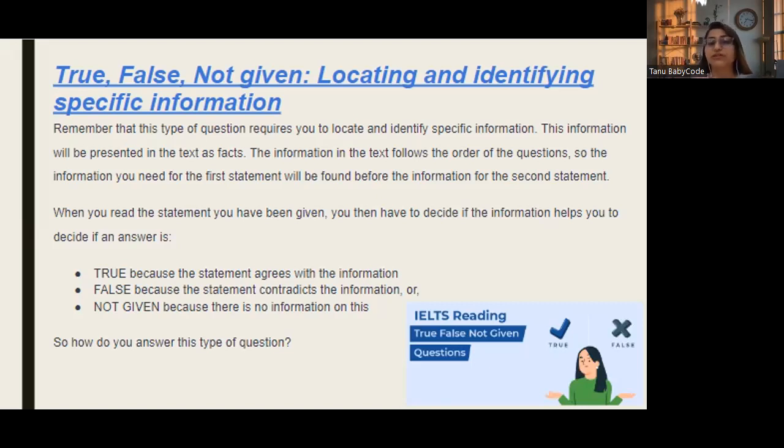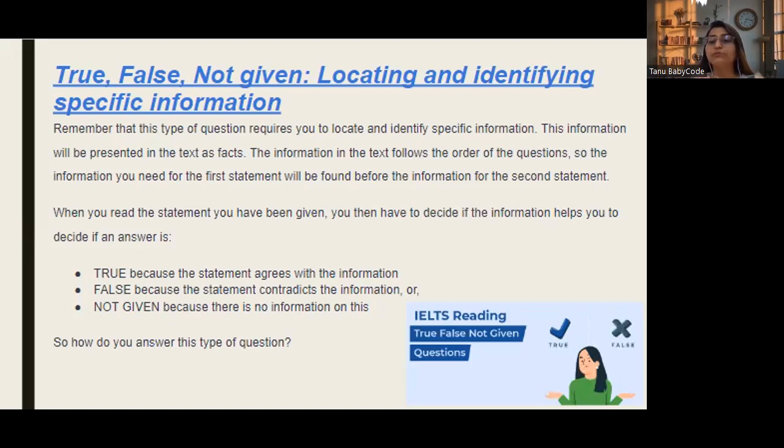A true, false, not given question means you have to locate or identify specific information. You are searching for particular information. What you are supposed to do here is agree with the statement, disagree with the statement, or find something contradictory to the information, or find nothing related to that information.